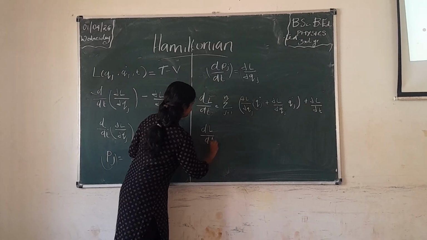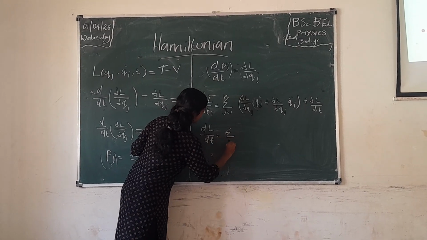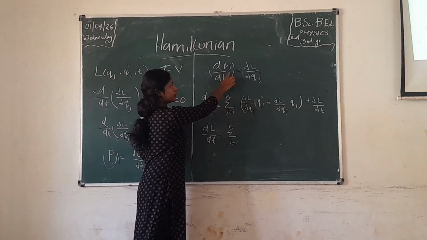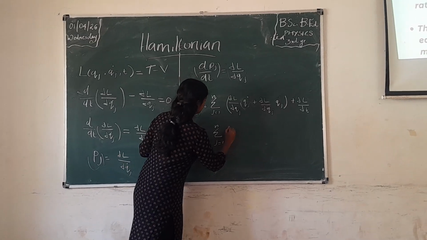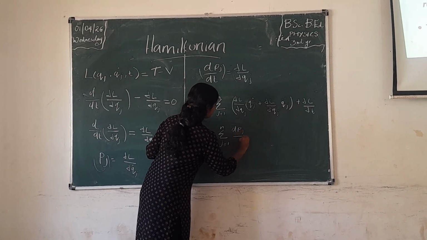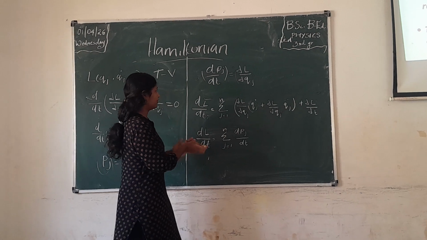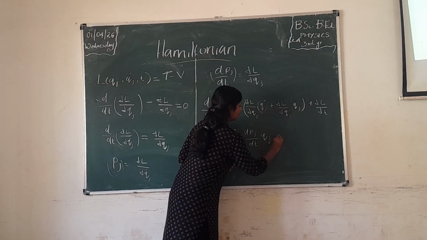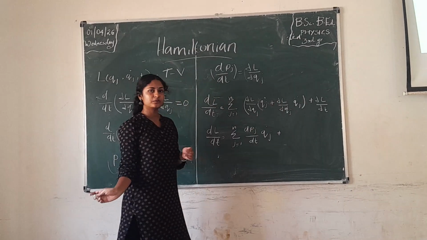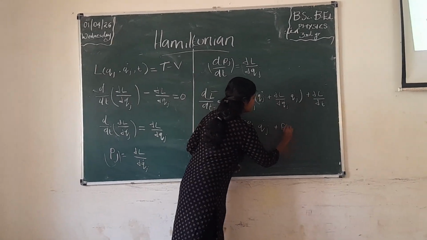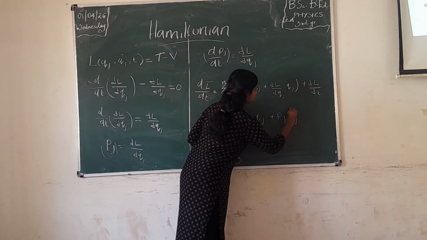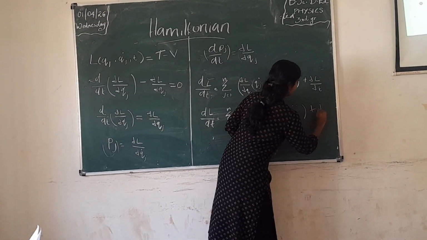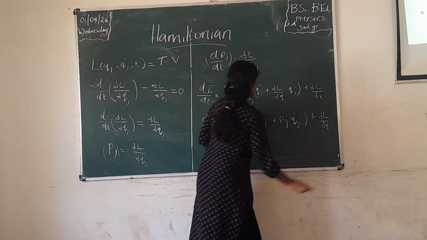So dL by dt equals the sum of dPj by dt into qj dot, plus Pj into qj double dot, plus dou L by dou t.